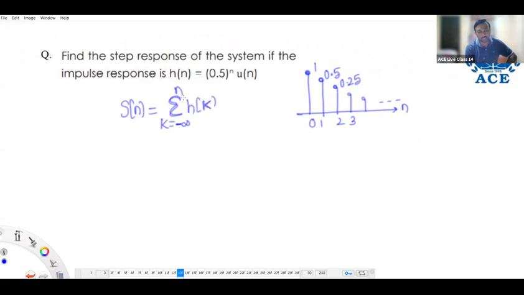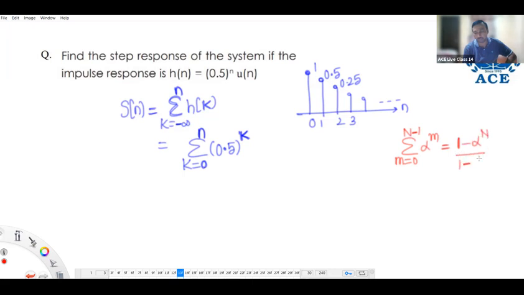Sigma k equals minus infinity to n of h[k]. But now it covers only positive index, 0 to n of 0.5 to the power k. Sigma m equals 0 to n minus 1 of alpha power m is 1 minus alpha power n by 1 minus alpha. 0 to n minus 1 means total n samples.